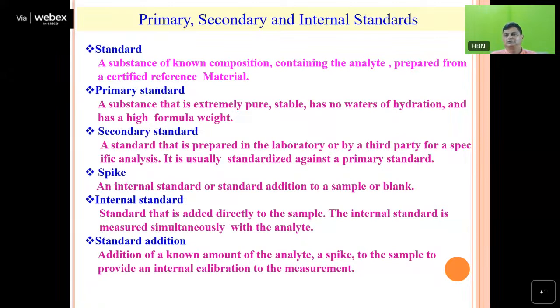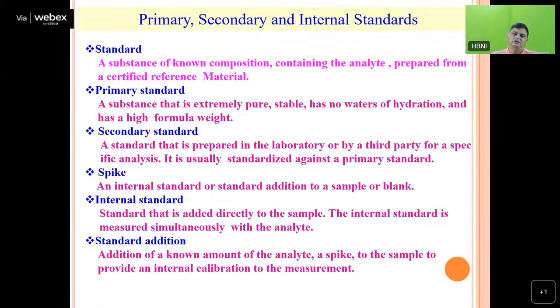Sometimes we want to see any kind of matrix effects, okay? Because of the matrix, my signal, in terms of intensity, is either getting enhanced or subdued. Then I have to add a standard addition of the same element which I am analyzing. So if the concentration is X and I am getting X plus 1, it means that some similar element is present in that matrix.